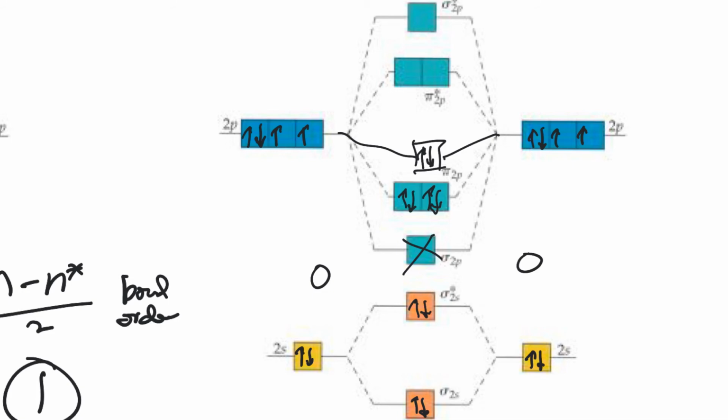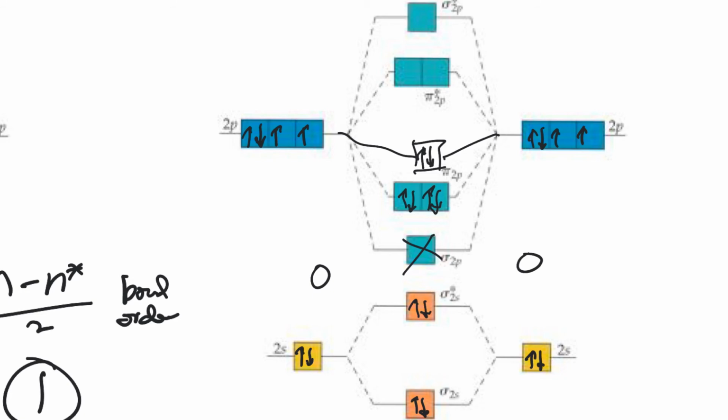Oxygen-oxygen would be paramagnetic, but this was asking for 2+. So 2+ is going to remove the last 2 electrons that we put on, which means now when I look, everything is paired.